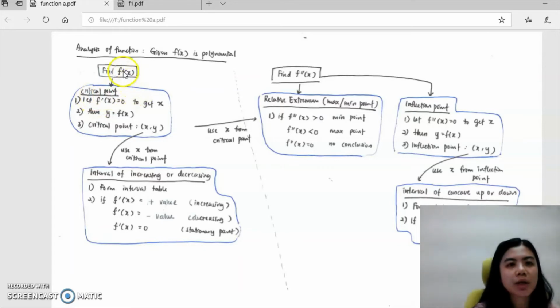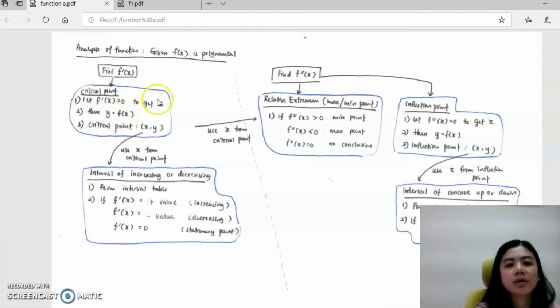The first thing that you should do is find f prime and let f prime equal to 0. Then you get your x from here. Once you have the x, you need to find the y. And then the x and y will form the coordinates for the critical point.